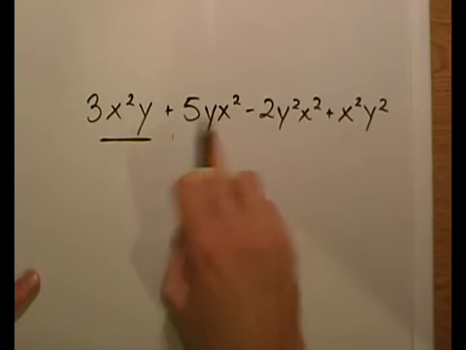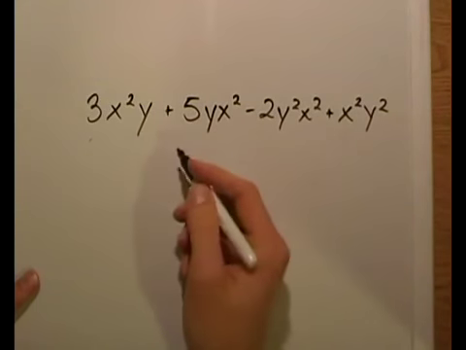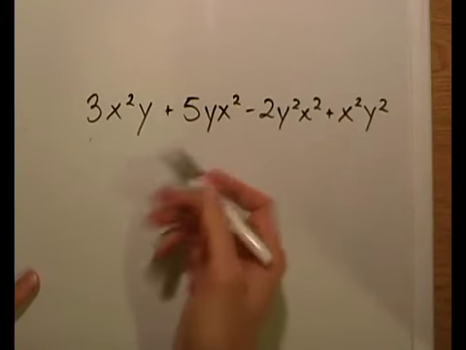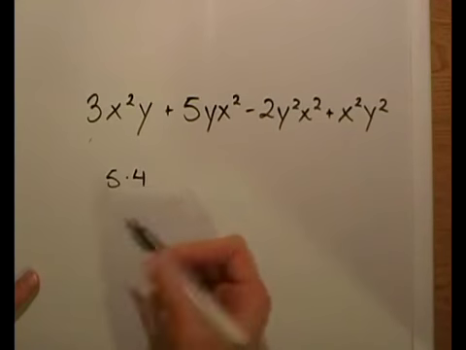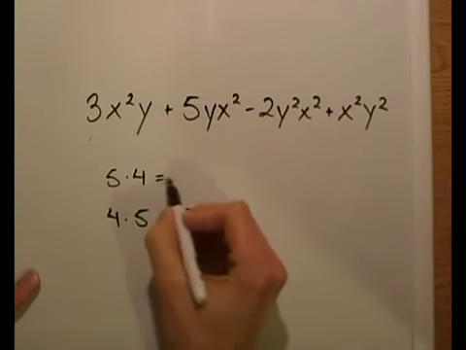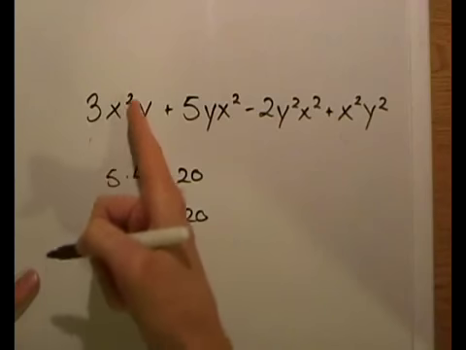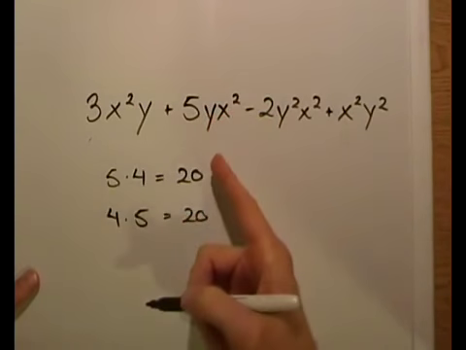Well, these expressions are actually the same, so we can combine these. These are like terms. This is just the same as saying 5 times 4 is actually equal to 4 times 5, right? It's the same thing. They both equal 20. X squared times y is the same as saying y times x squared.